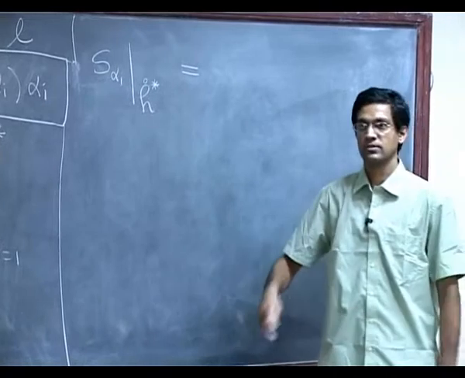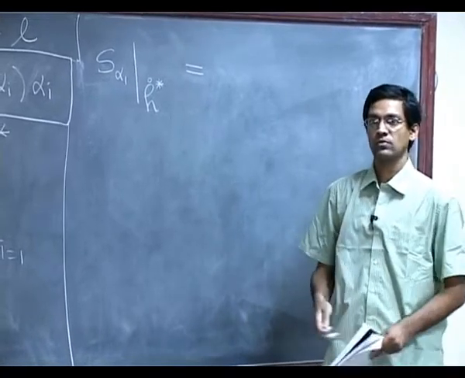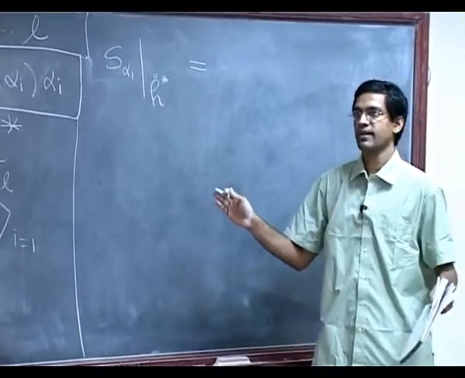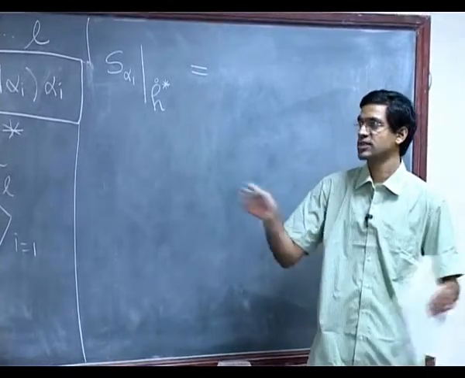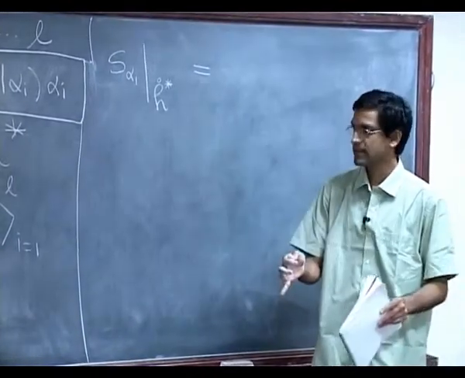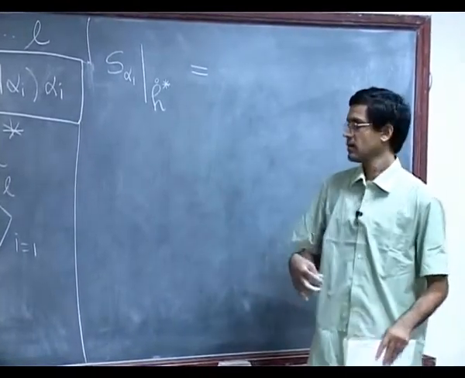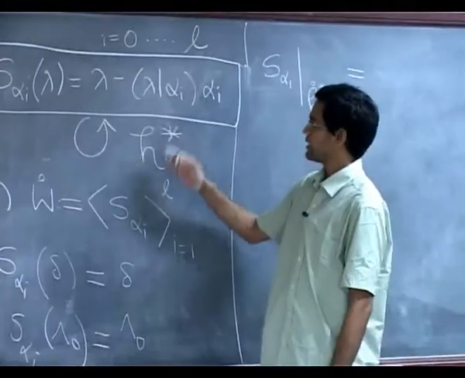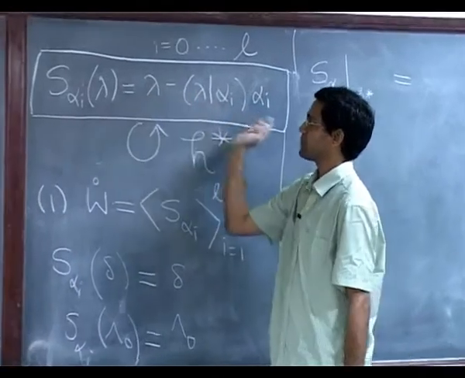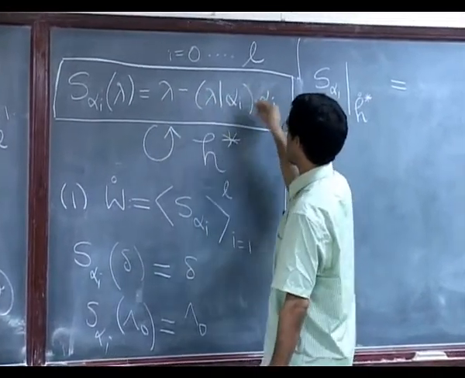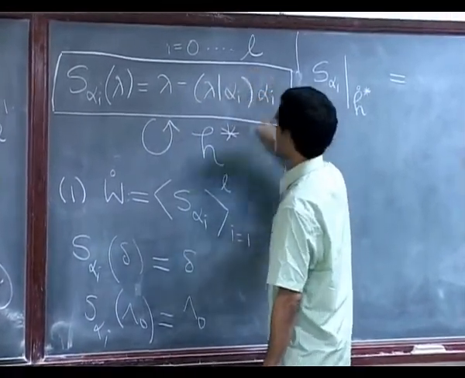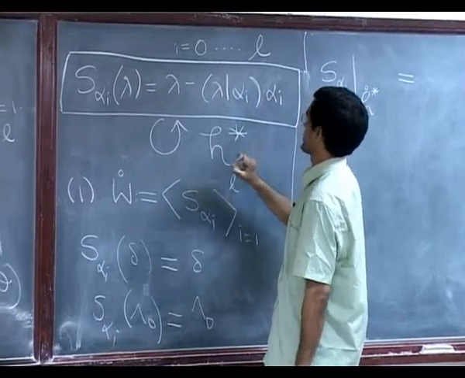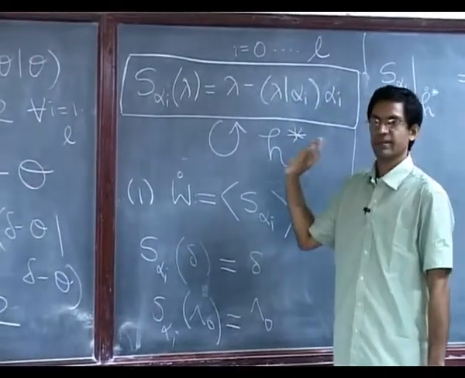Meaning to say, for the finite Weyl group, if you for the moment forgot all about the affine construction and so on, and you just lived inside G naught, then how would you have defined these reflections S alpha i? Well, you would have said use this formula and apply it where this is the form that I have on H naught star, and where lambdas should only be elements from H naught star.